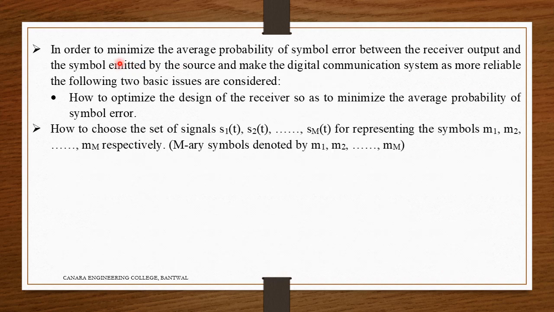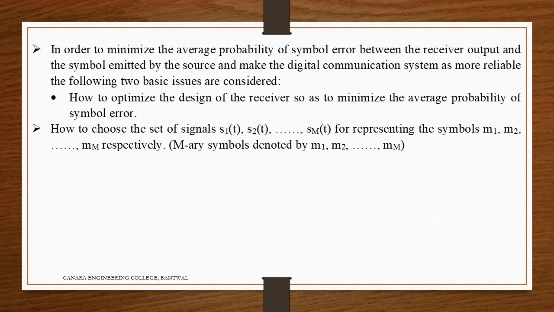In order to minimize the average probability of symbol error between the receiver output and the symbol emitted by the source, and make the digital communication system more reliable, the following two basic issues are considered. First, how to design the receiver so as to minimize the average probability of symbol error.